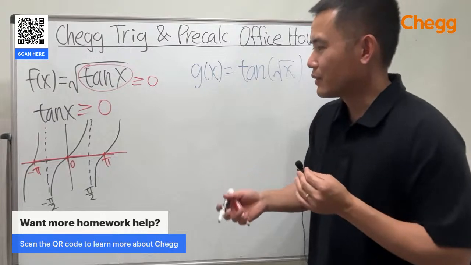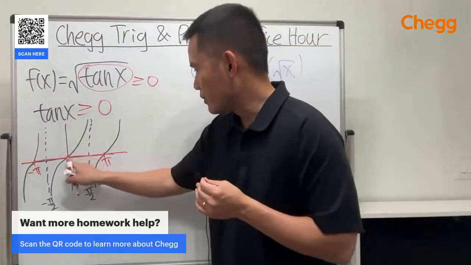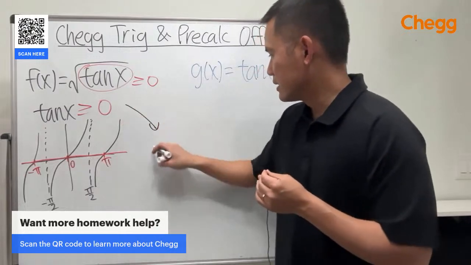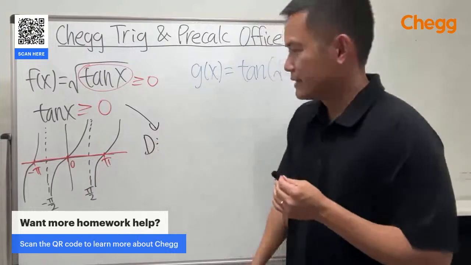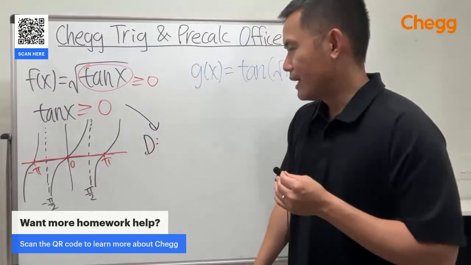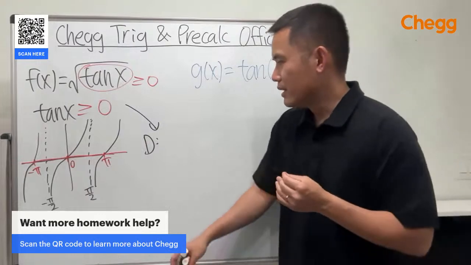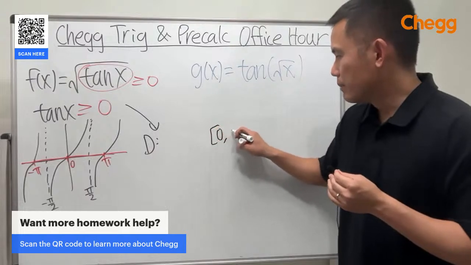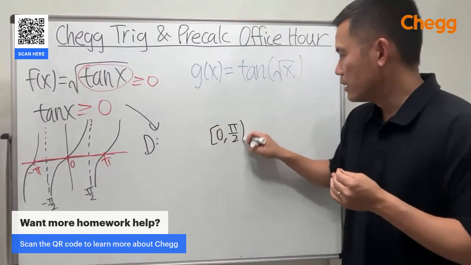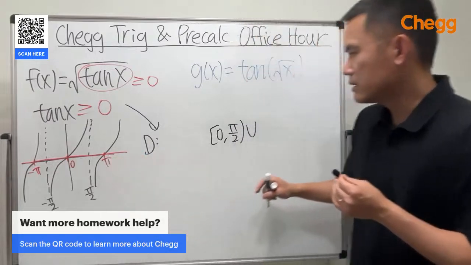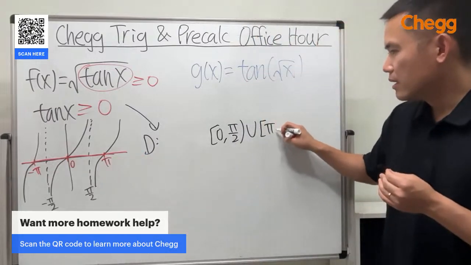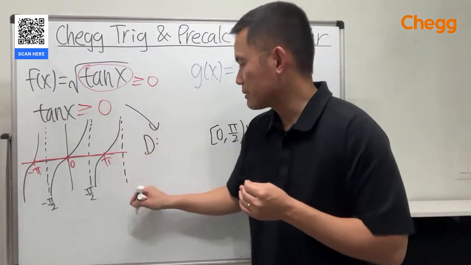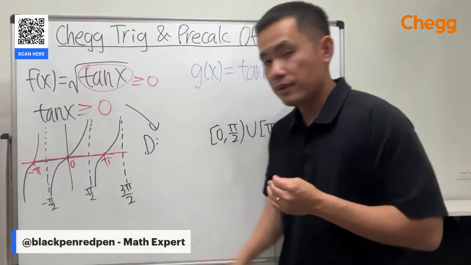And now the issue is, how do you write the answer down for this? You are looking for just this portion from 0 to pi over 2. I don't really have a nice way to write down the answer. I can write the first one including 0, but not including pi over 2. Union, the next part is including pi, but not including the vertical asymptote, which is pi plus pi over 2, which is 3 pi over 2.